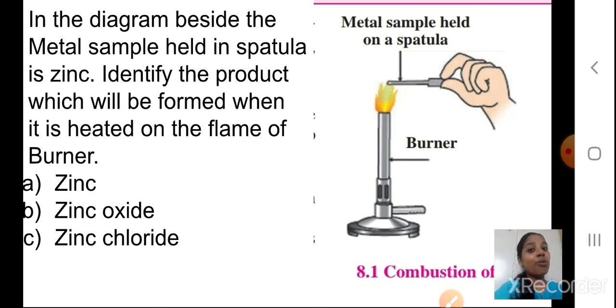Yes, the formation of zinc oxide. So here when I am heating the metal zinc on the flame, I am going to get the formation of zinc oxide as the compound, my product. So can you guess which type of reaction? Yes, it's a combination reaction. Zinc metal is combining with oxygen and we are getting the formation of zinc oxide.